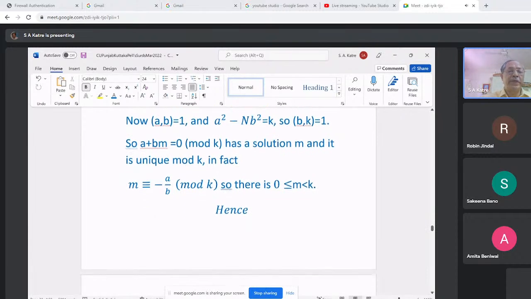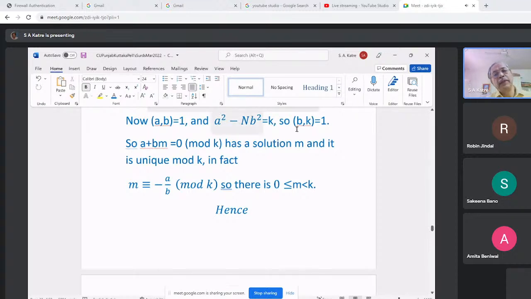So, basic solution to this is b is actually invertible modulo k. Why? Because you see that a and b are coprime, that we are given. Because a and b are coprime, b and k are also coprime. Because if there is something common with b and k here, you will see that that common thing will divide a also.